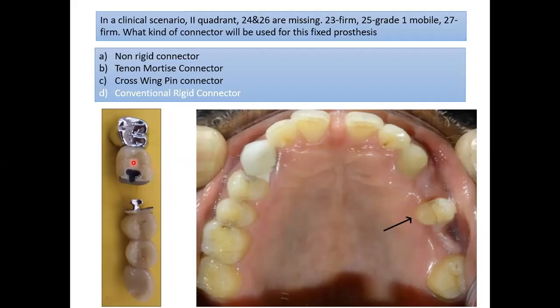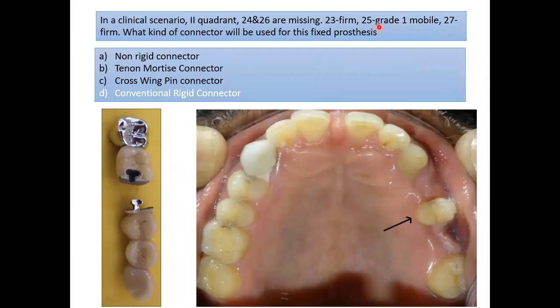Your keyway will be attached in the second part, the pontic, which will be replacing your 2.6 and 2.7 region. So when a single tooth has missing teeth on either side and you should replace this complete arch, it is ideal to go for a pier abutment prosthesis, that is giving a non-rigid connector, your key and keyway kind of connector.